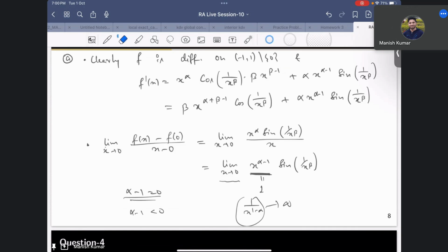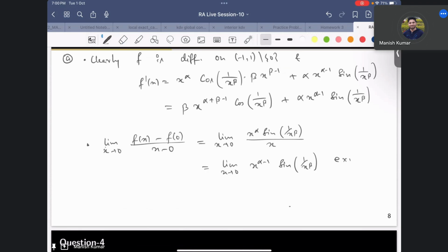So this limit exists if and only if α − 1 is greater than 0. If α − 1 is greater than 0, the limit as x tends to 0 of (f(x) − f(0))/(x − 0) will be equal to 0, because sine is bounded and this factor goes to 0.